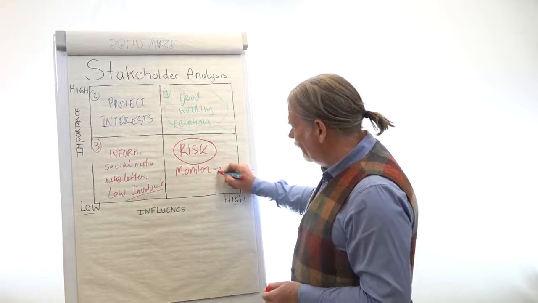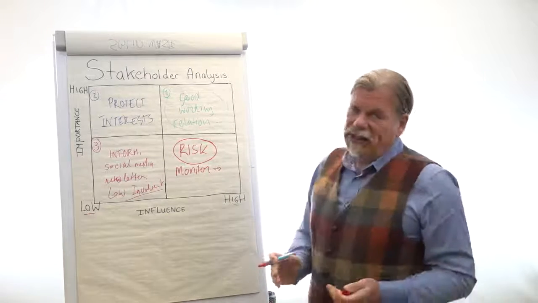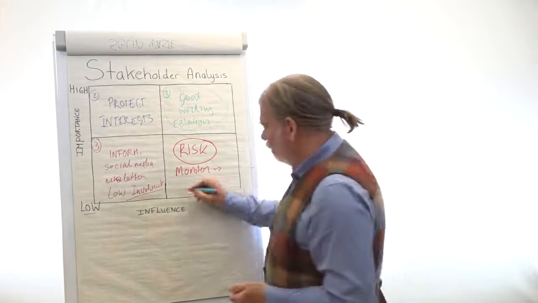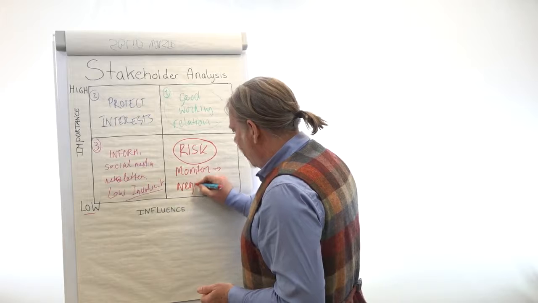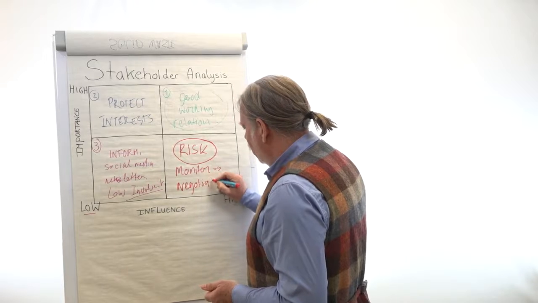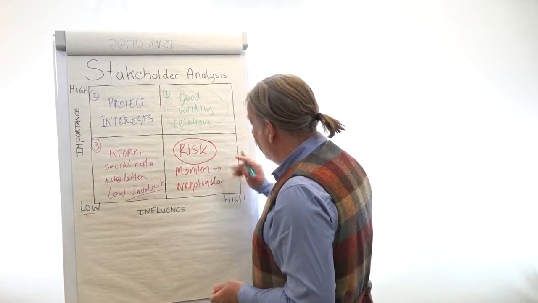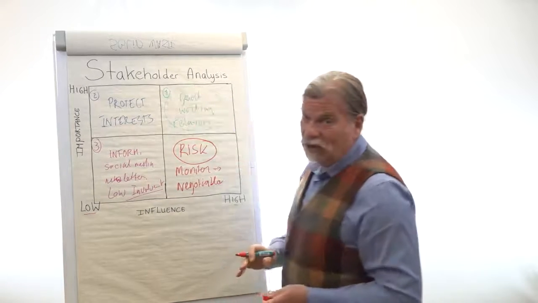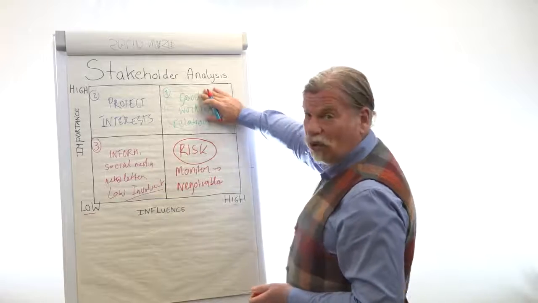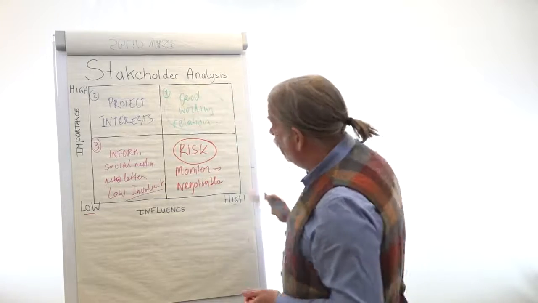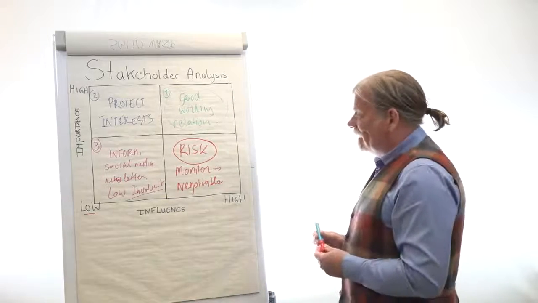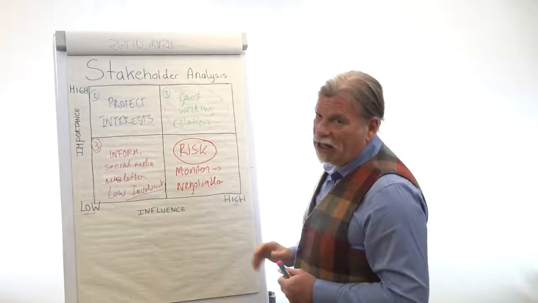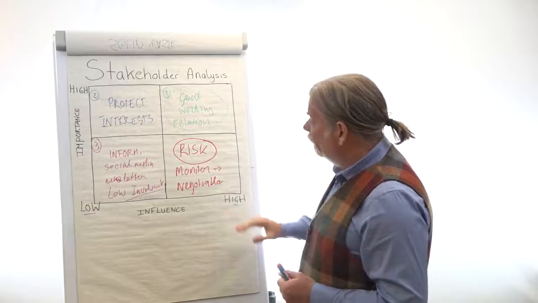So you have to exactly monitor, and usually it's also, let's say, negotiable. Maybe you are in the situation, or your friendly stakeholders, which we sometimes also call the ambassadors of your project, can negotiate with the stakeholders who have a lot of influence.